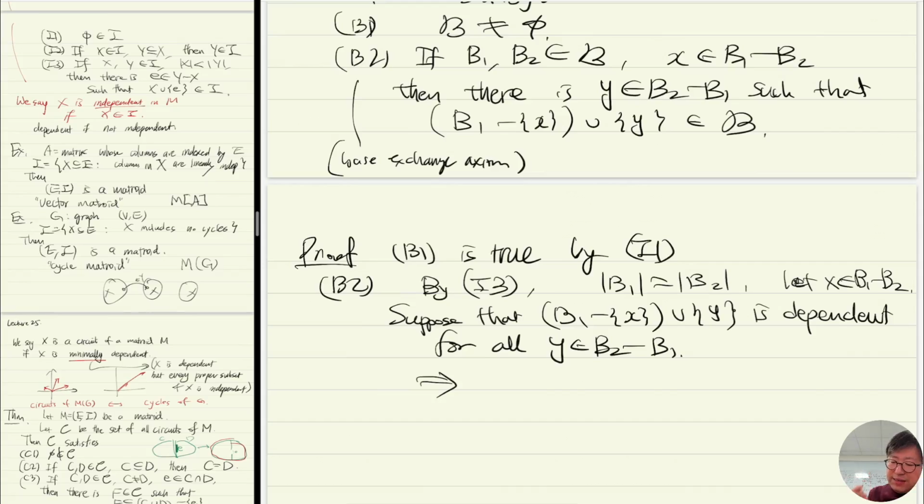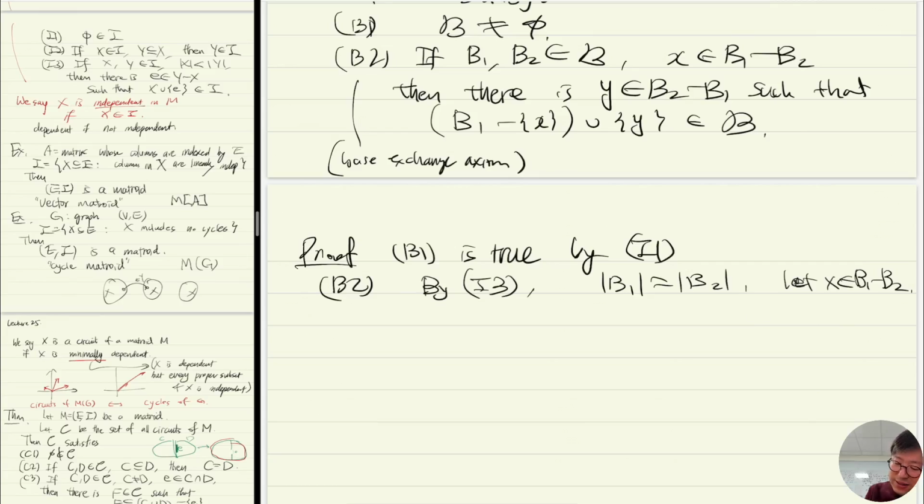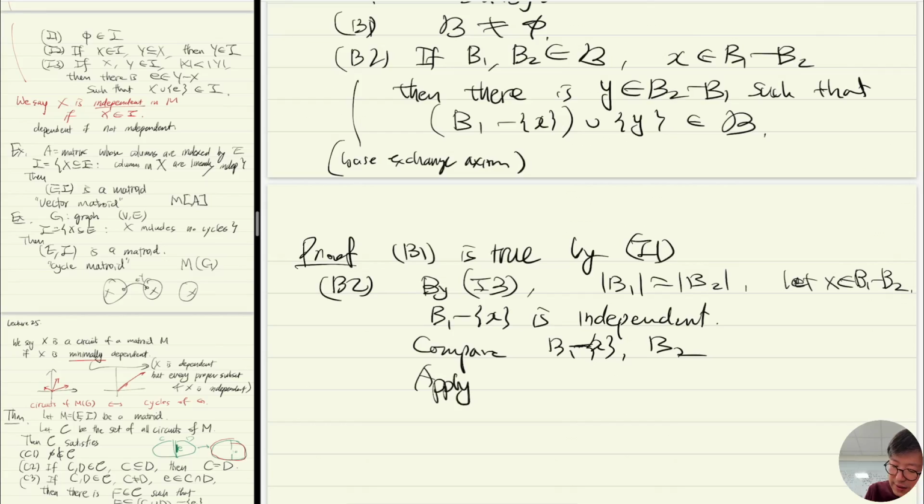No, I probably don't have to. Okay, it should be a lot easier. Note that B1 minus X is independent. Now we compare B1 minus X and B2, and so apply I3.